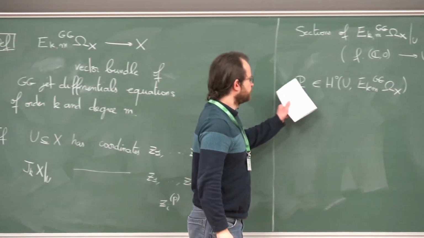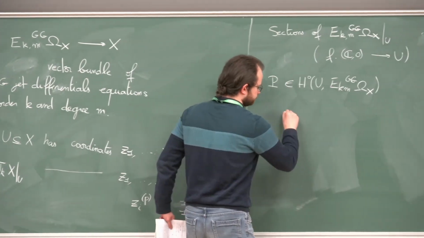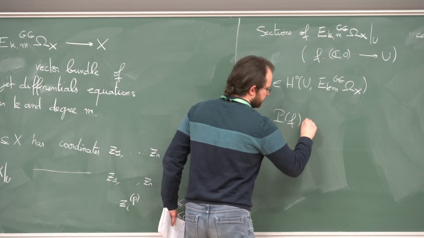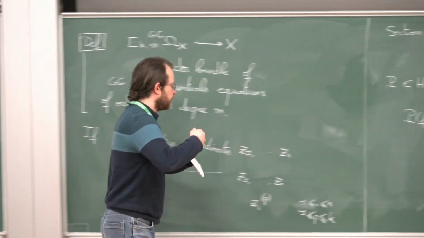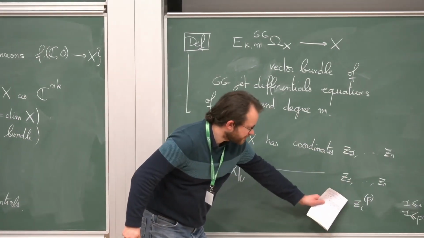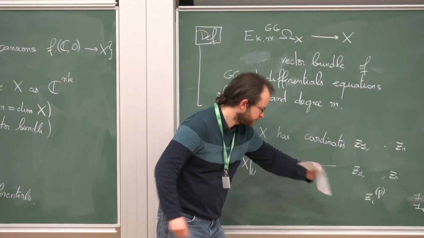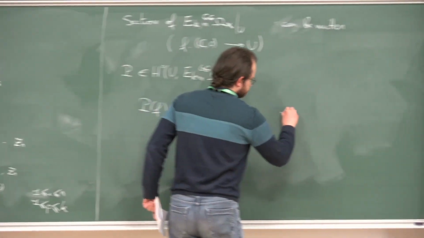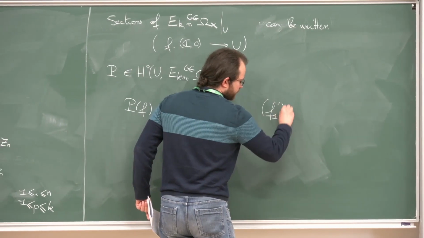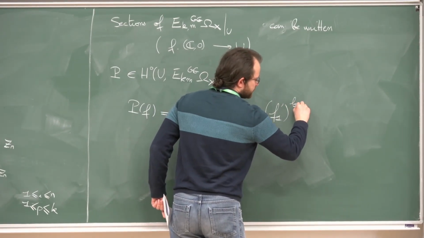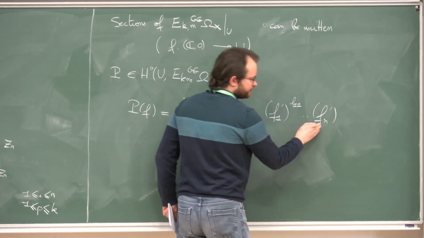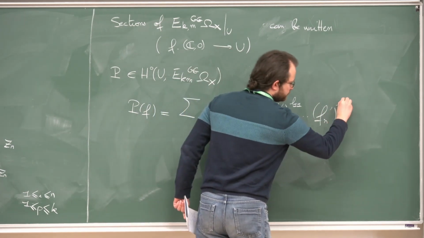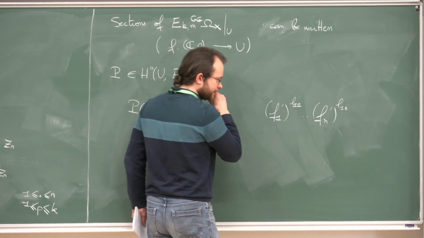Then, as I said, you can apply P to F, and it will be expressed as a sum of monomials, say, in these coordinates. Of course, you have to apply them to F. So you have F_1 prime to some power. Let me write it L11, until the first derivative of the nth coordinate of F. Let me put an exponent L1n.